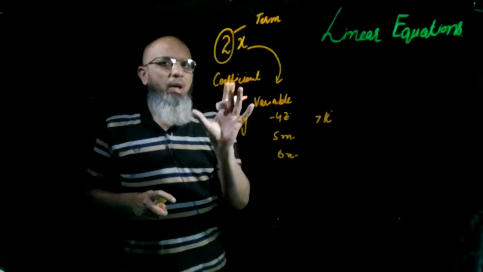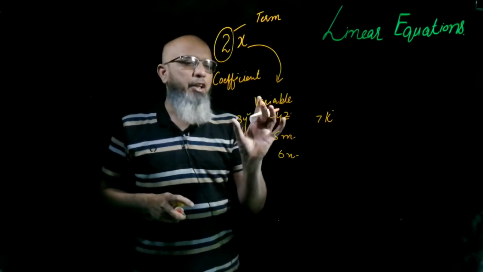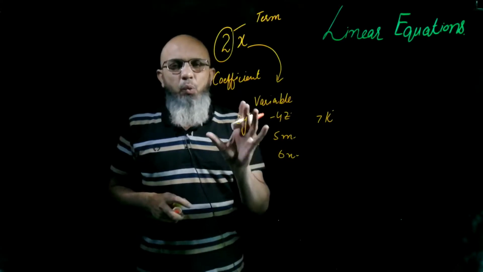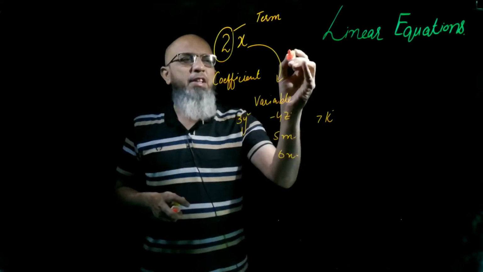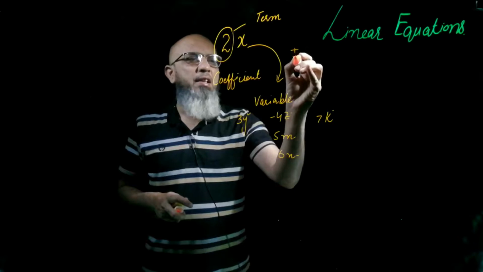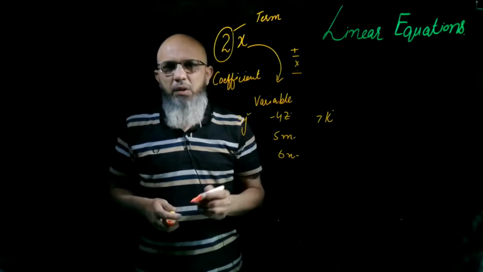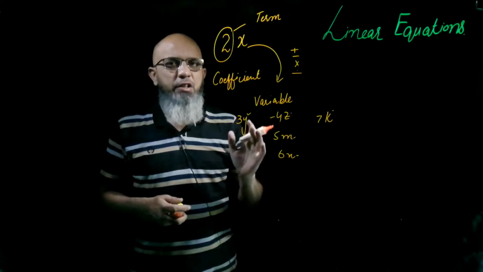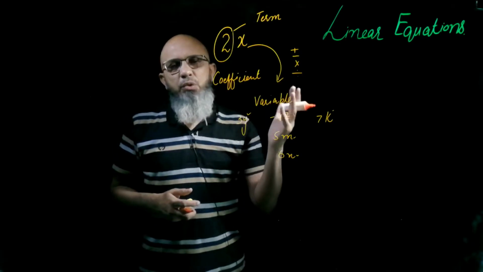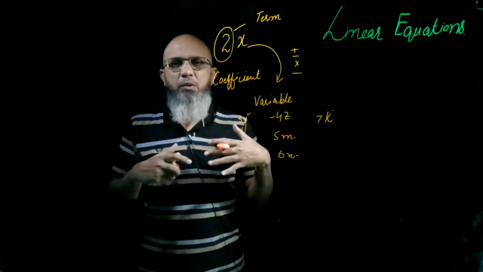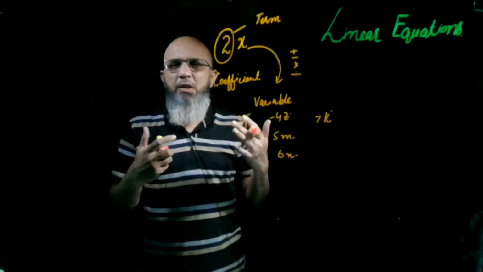Okay, and what is now an algebraic expression? If we combine 2 or 3 terms with the help of the 4 basic operations, that is plus, minus, multiply and divide. You are familiar with these operations. You have used them since early classes: you add, you subtract, you multiply, you divide.